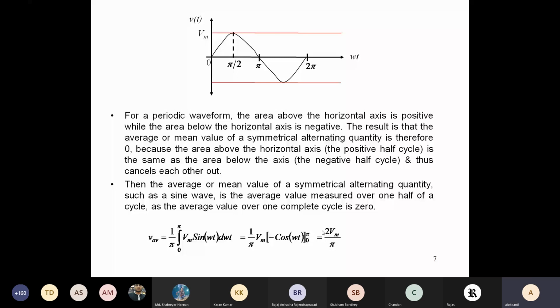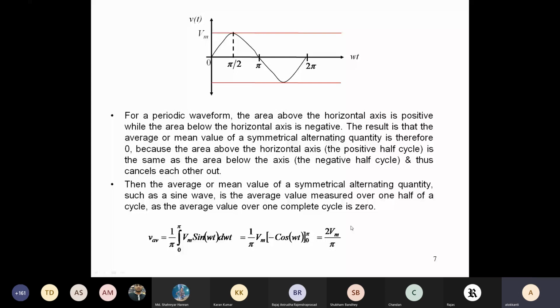So, the limits. You are all experts in integration, but in this course you will also need to remember all those integration things, so you have to be very careful. I have done the integration with respect to omega t. So sine omega t d omega t is just the integral of sine theta d theta, which is minus cos theta, and you put in the upper and lower limits 0 to pi, so it ultimately leads to 2 Vm by pi.